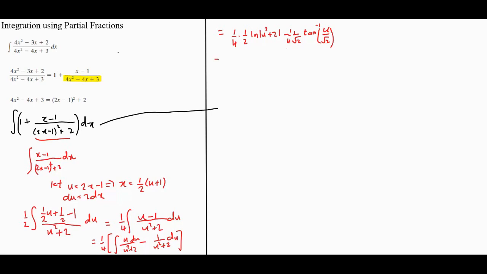So now as we change back, we're going to get 1 over 8 ln of (4x squared minus 4x plus 3), and then we'll have minus 1 over (4 square root 2) tan inverse of u, remember, u is 2x minus 1, so it will be (2x minus 1) over square root 2.